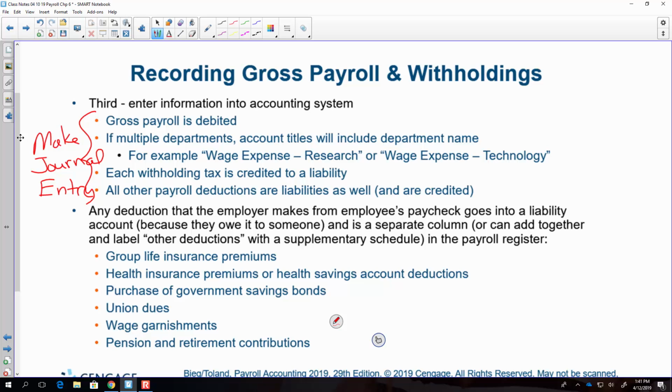We have to be sure that our accounting software is putting the deduction in the right spot on the general ledger, is putting the wage expense in the proper expense account, and so forth.